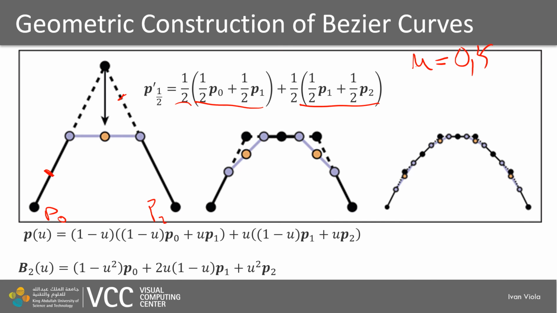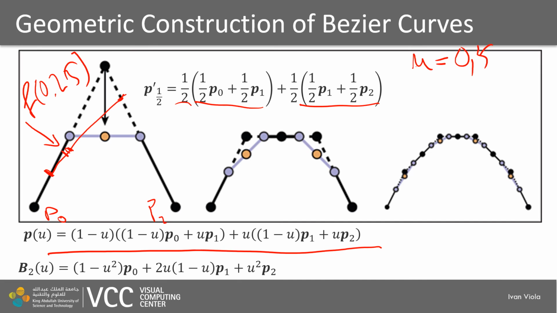And then we create again another segment, on which we again find the 0.25 position. And here we will find our point f(0.25). We can see here the description of this geometric meaning. So 1 minus u, well, let's say u is 0.25.